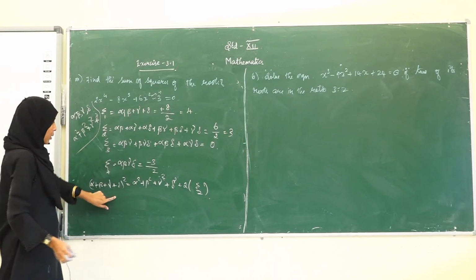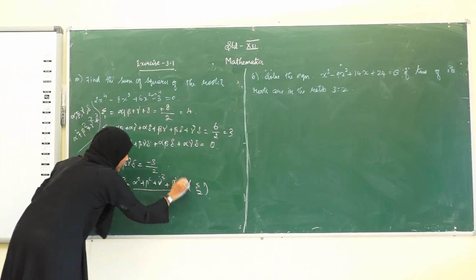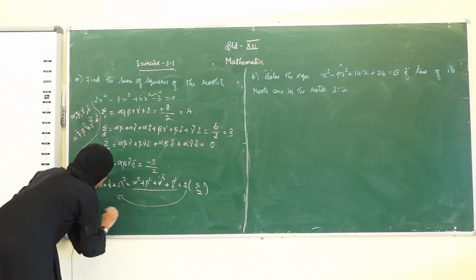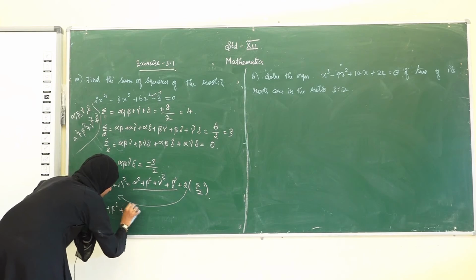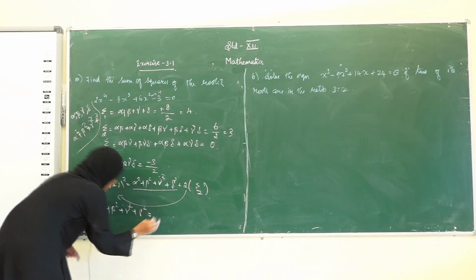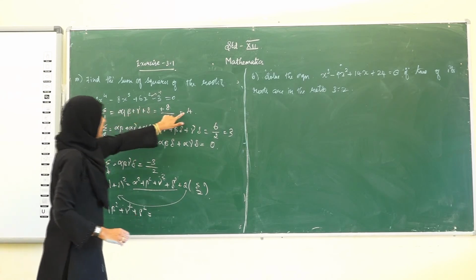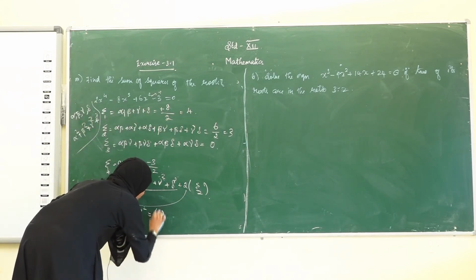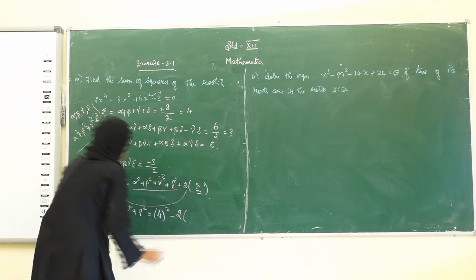So this is the formula. We want this alone. Keeping this and taking the other term across, we get alpha square plus beta square plus gamma square plus delta square is equal to alpha plus beta plus gamma plus delta the whole square minus 2 times summation 2. What is the value of this? This is 4 alone. Therefore 4 square minus 2 times summation 2.